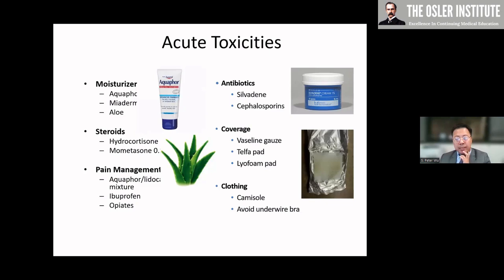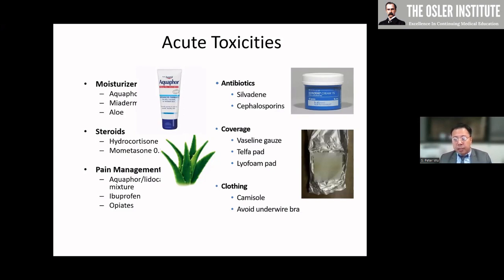Oftentimes it's just a slight sensitivity. If you have great sensitivity, really think about infection or a cellulitis as a possible cause, or even an abscess within the lumpectomy cavity. And finally, we have other medicines used for more advanced radiation dermatitis, Silvadene and antibiotics.